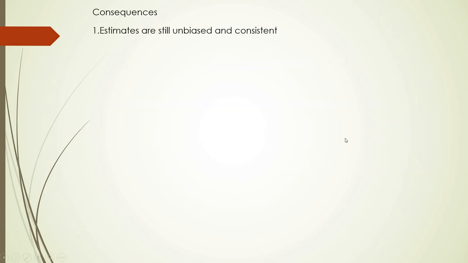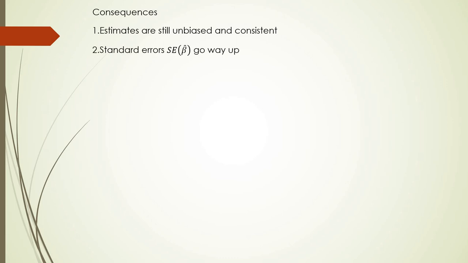What are the consequences? If we have imperfect multicollinearity in our model, estimates are still unbiased and consistent, which is good. We will still be on the true value of beta 1 in the population when we calculate beta 1 hat, and it will be consistent, which means that as our sample grows, we will obtain similar values of beta 1 hat, going to the true value of beta 1 in the population.